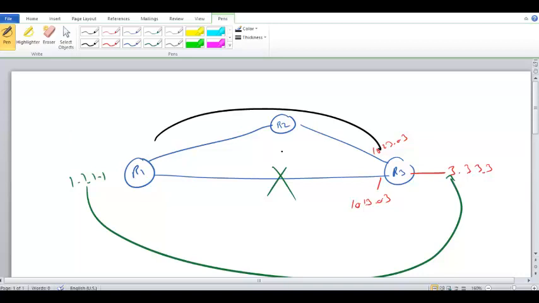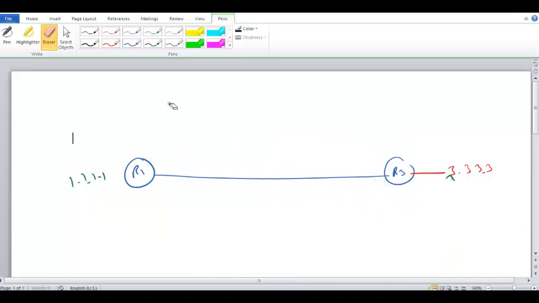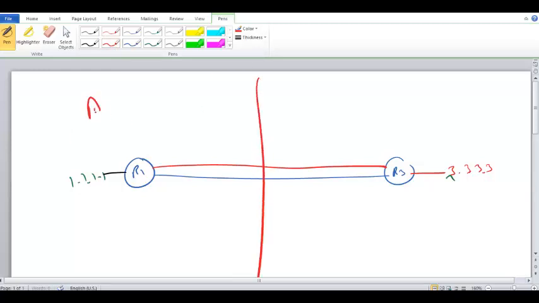Now today what we are going to focus on is EBGP. What if I've got two wires, and this is autonomous system 100 and this is autonomous system 200?